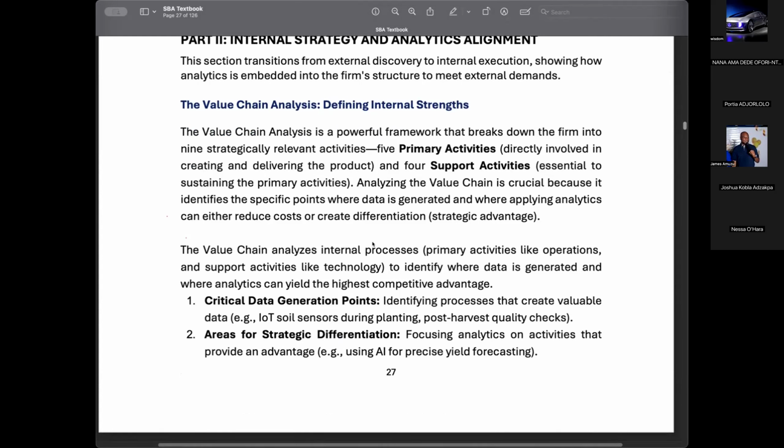He also did the value chain analysis for looking at your firm in 9 relevant activities. 5 of them are primary, 4 of them are support activities. If you do that very well, you can identify where critical data generation points are in your firm, and then make your choice in terms of how you are going to differentiate yourself to make your products better.